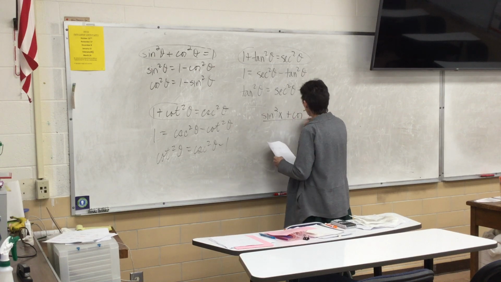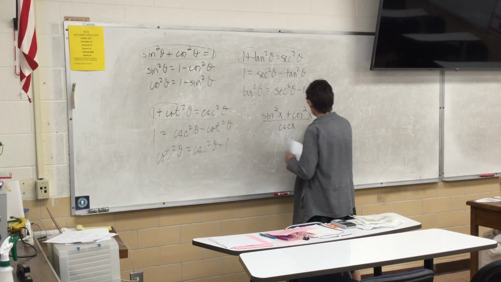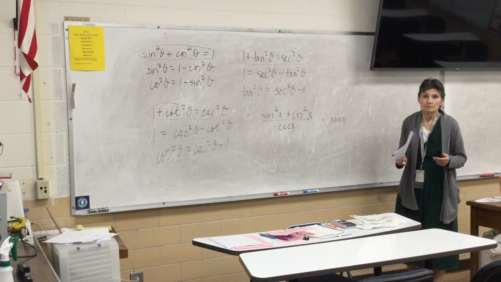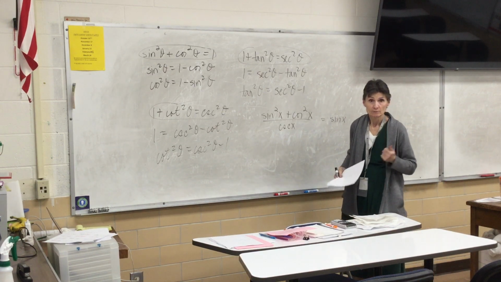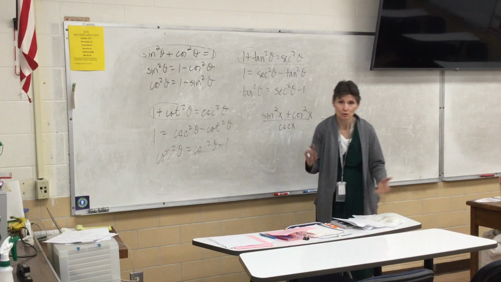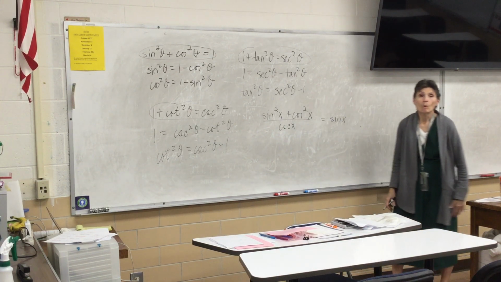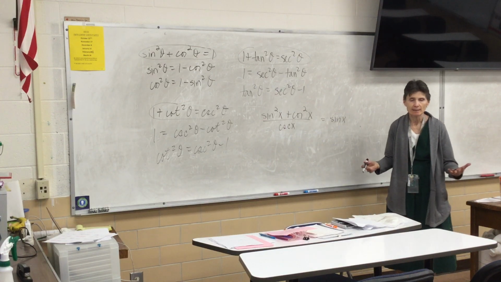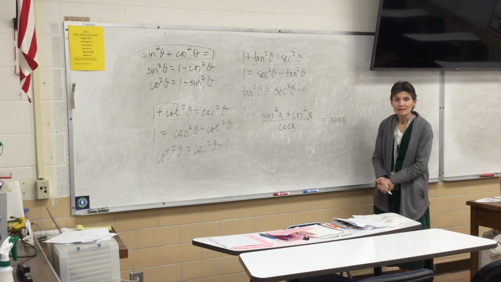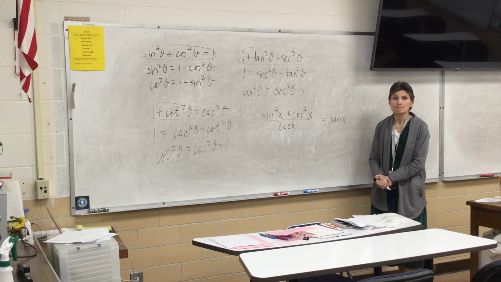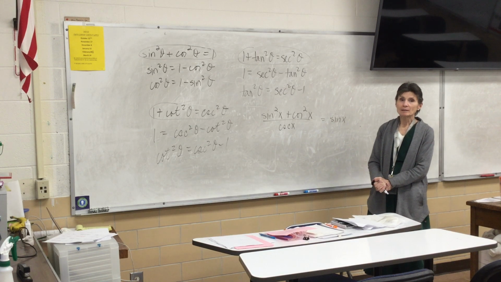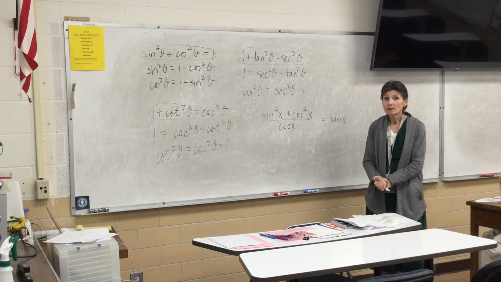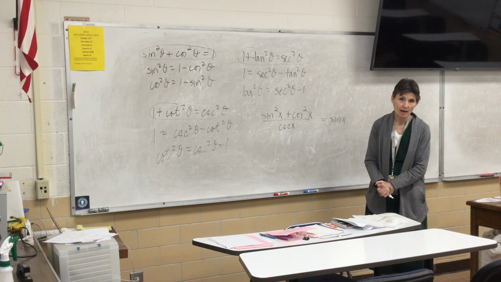When we verify an identity, verify, prove. The word verify, show that it's true, prove it. When we prove a trigonometric statement, we call this an identity. When we prove that it is indeed an identity, we manipulate one side of the equation until it becomes the other side.